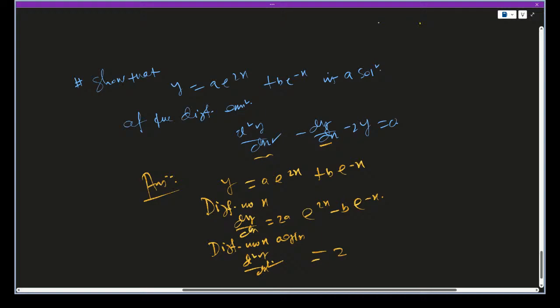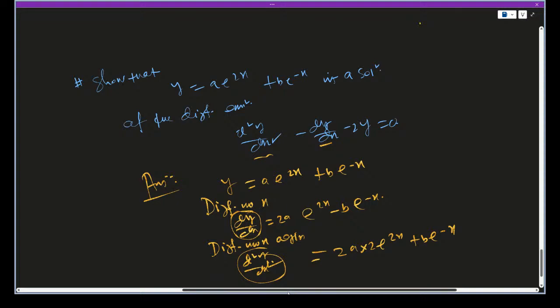This is equal to twice a into 2 plus b to the power minus x. Now all these dy by dx, d square y by dx square, you have to substitute there. If it satisfies, then it's fine. Just check.